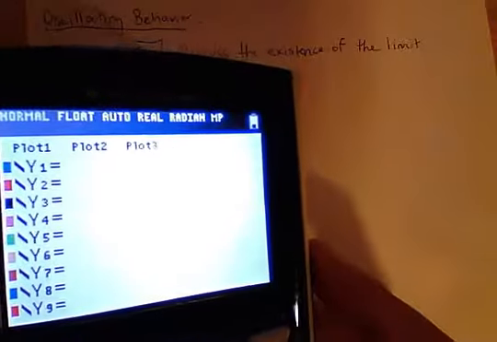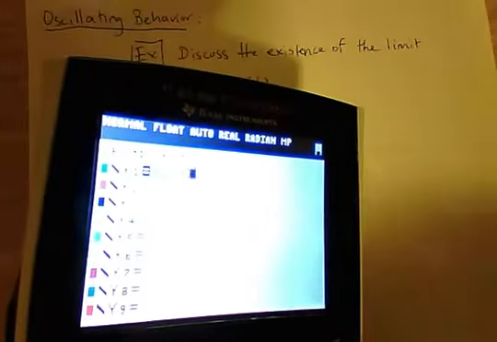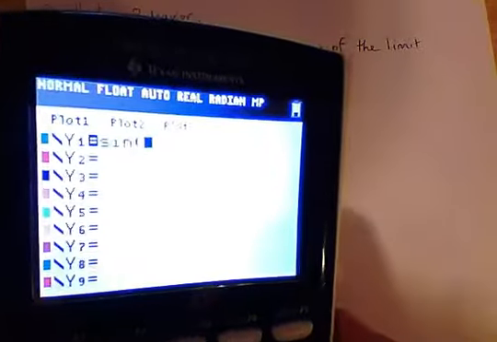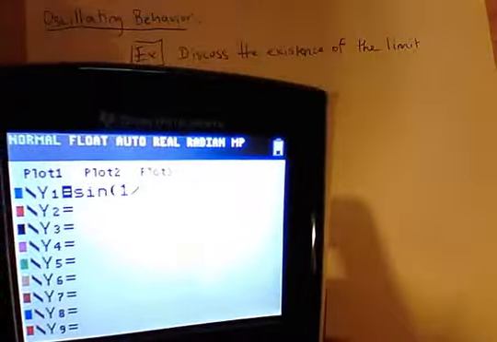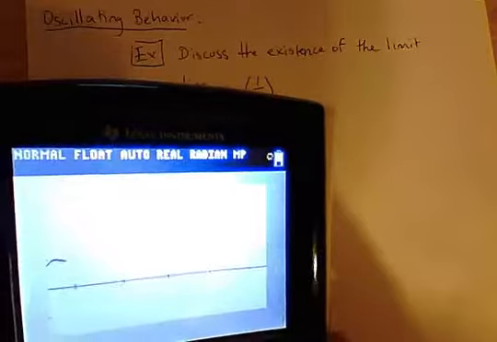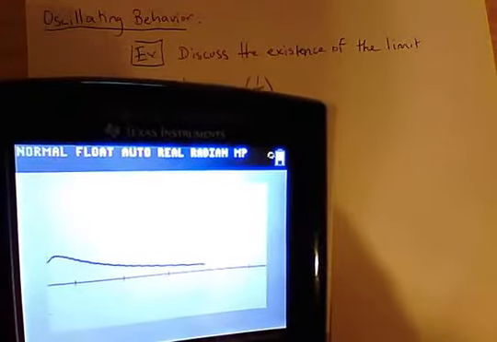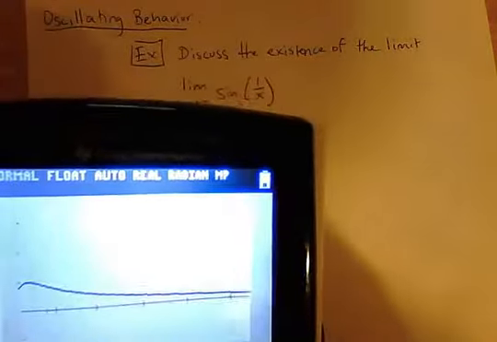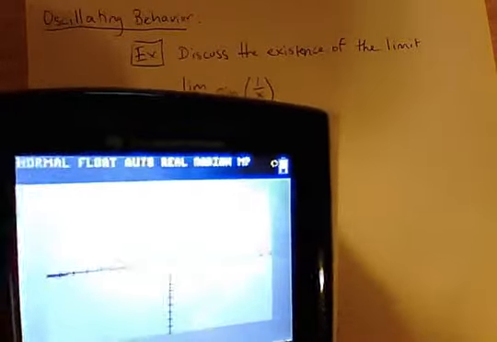We'll type in sine of 1 divided by x, and then press graph. Oh, I need to fix my window. That is not showing me what I want to see. I'm going to press zoom, and press 6 for Z standard, and let's try that again.